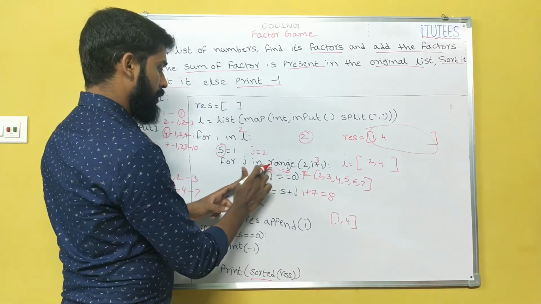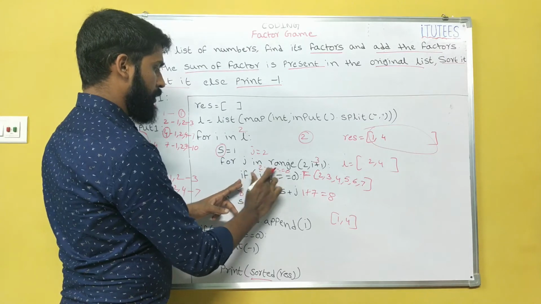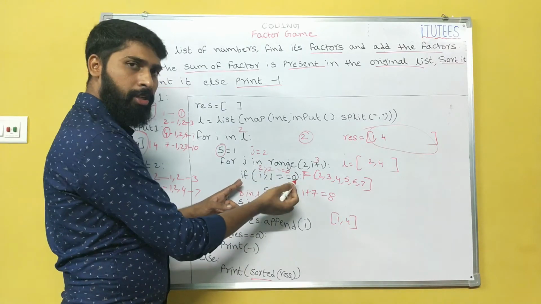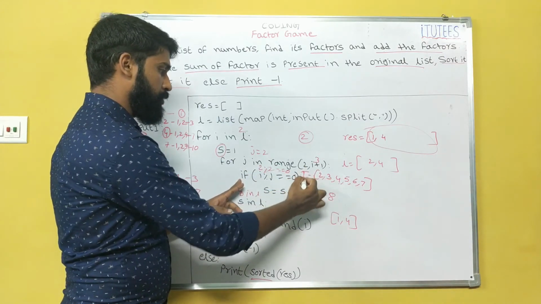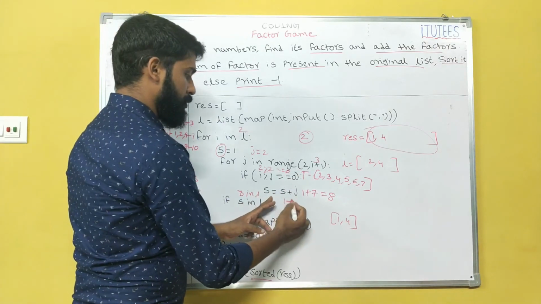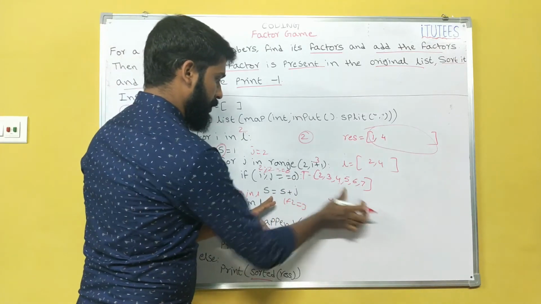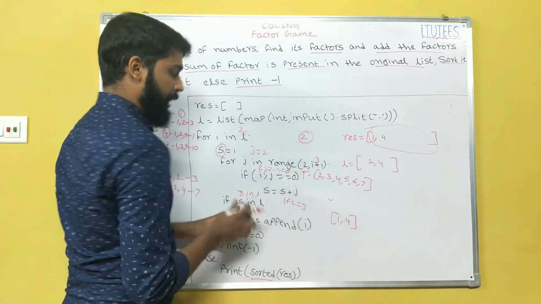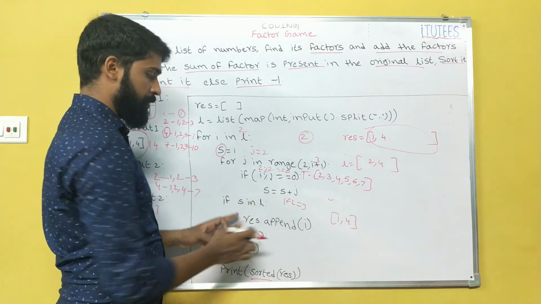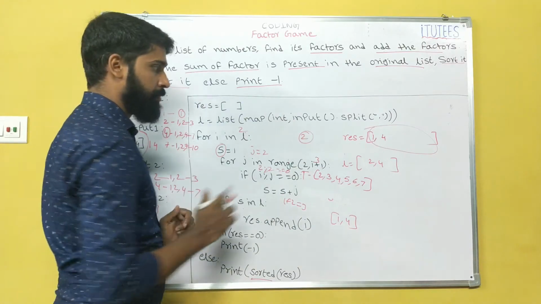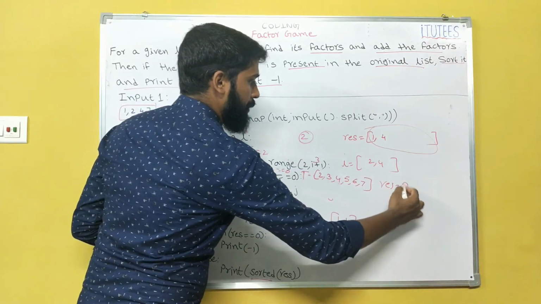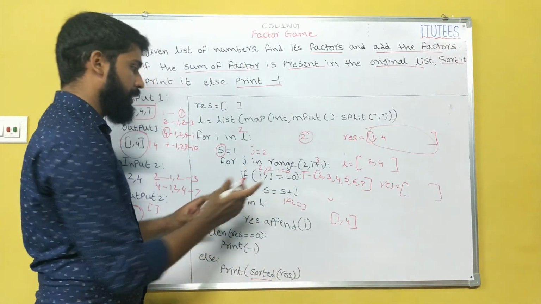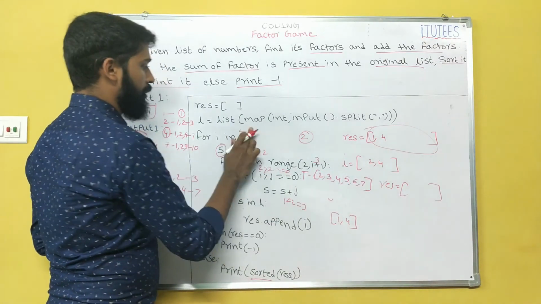If 2 percentage 2 equals 0, it is true. So enter into this. 1 plus 2 means 3. But 3 is not in L. So we don't append the 3. RES is still empty. In the next iteration, what is the value? 4.